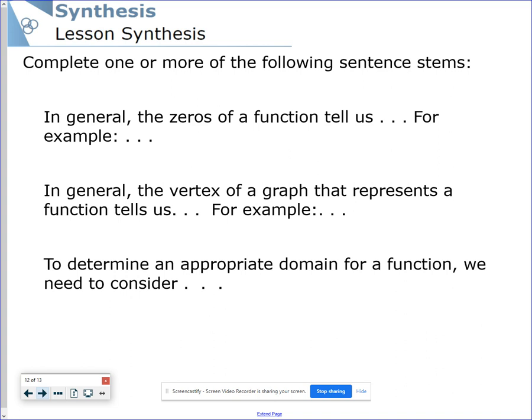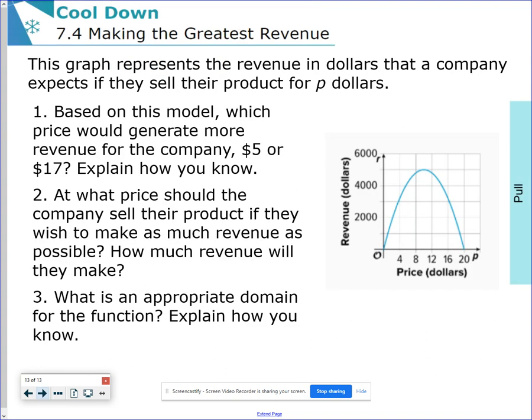So the maximum profit would be at the vertex if it was an upside down U. If it was like that step function one, we'd find the minimum, like how many squares we started with, for instance. And the domain, again, is just the x's that make sense in that situation. So you could look at an entire graph, but because it's a certain situation, we might say, oh, part of this graph doesn't even make sense.